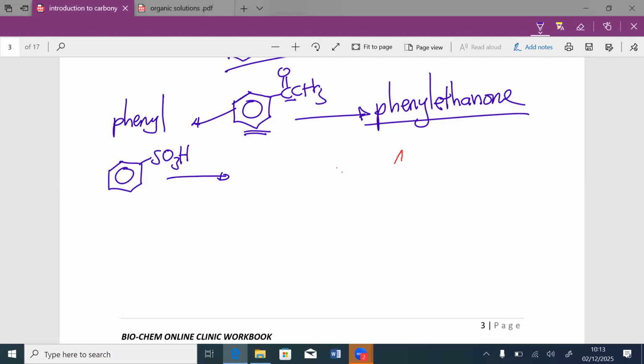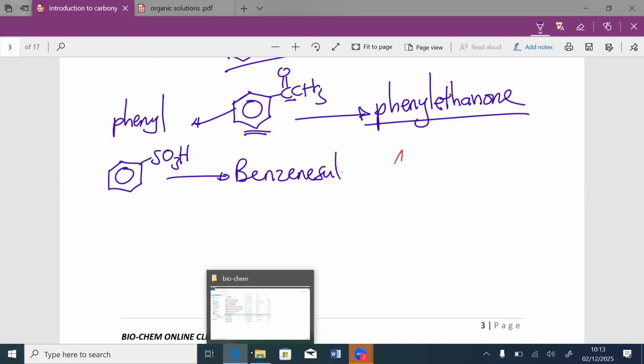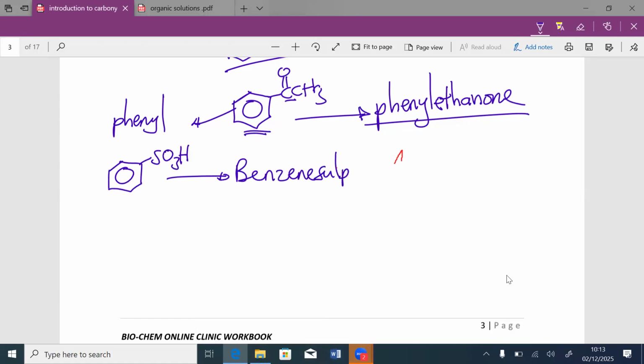This one here has a special name, and its special name is benzene sulfonic acid.